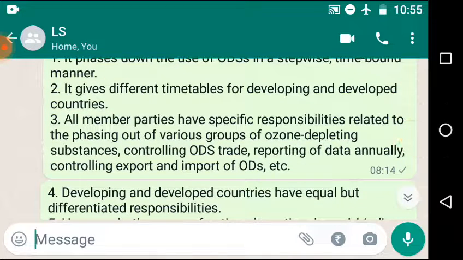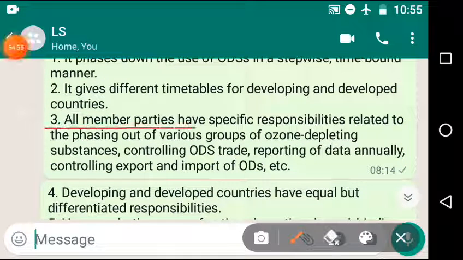All member parties have specific responsibilities related to phasing out various groups of ozone depleting substances.